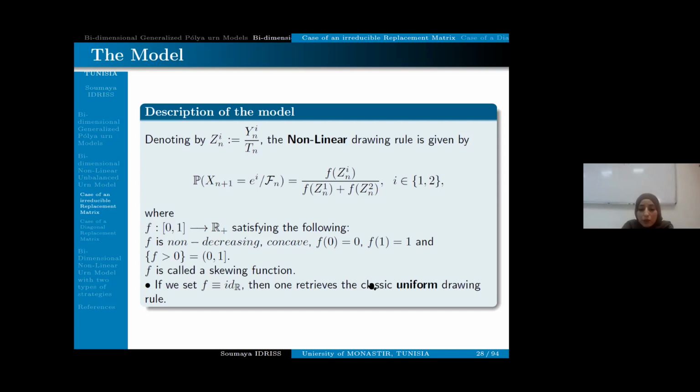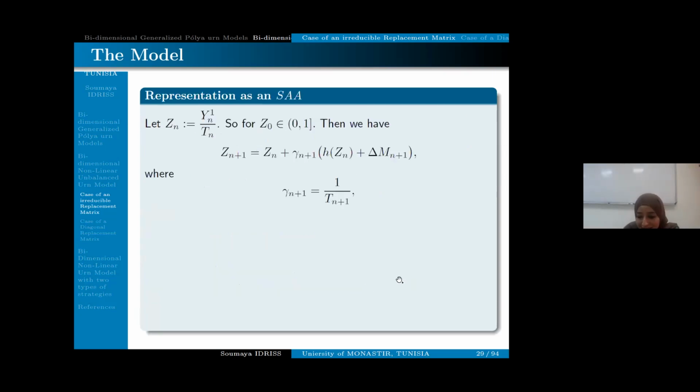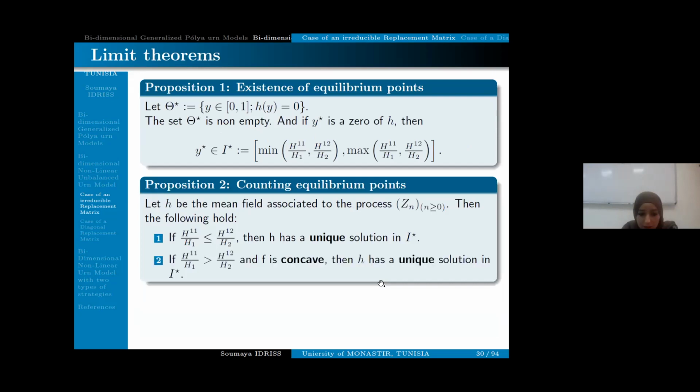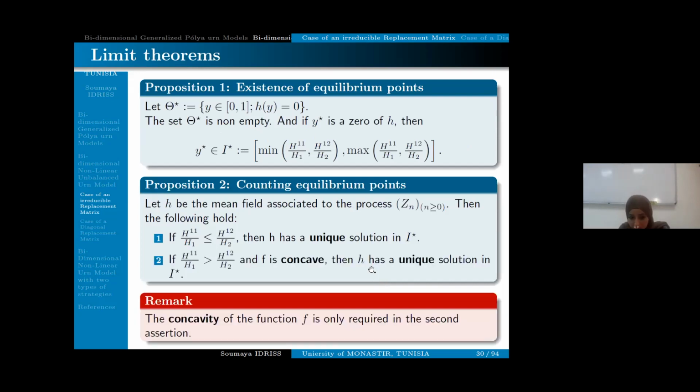Actually, the naive questions are the scariest ones. Why this concavity or convexity assumption in this case?